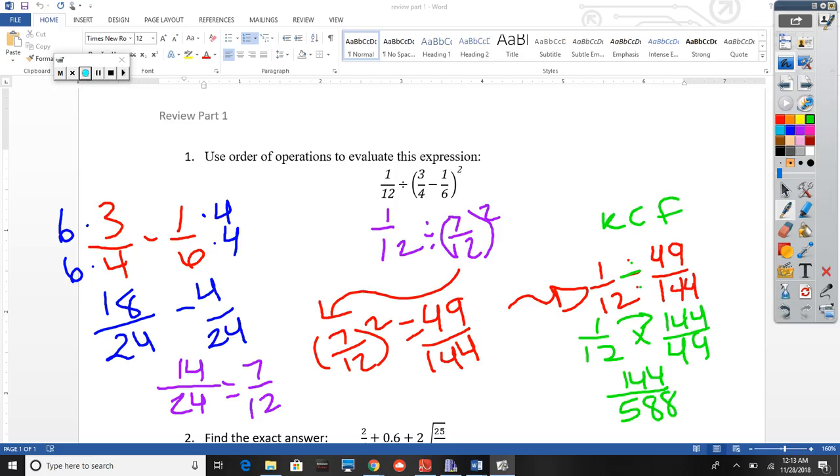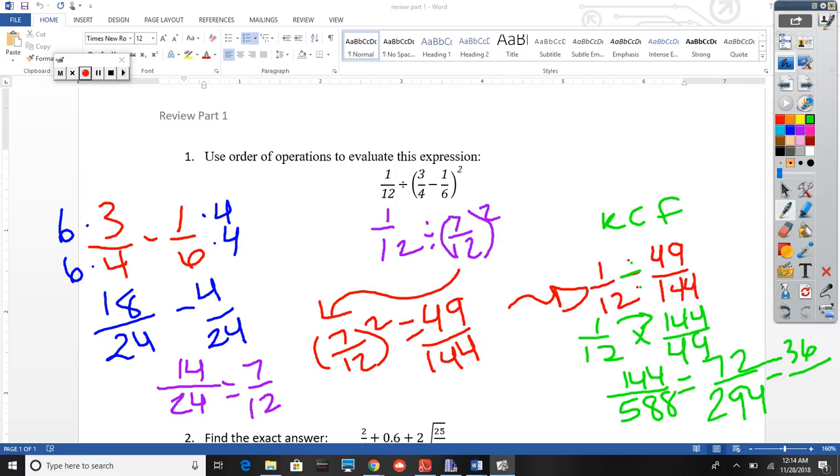Now, I already know that these two are even, so I know I can definitely divide them both by 2, which the bottom part gives me 294. The top part, 144 divided by 2, gives me 72, and they're still even, so I'm going to divide by 2 again. 36.